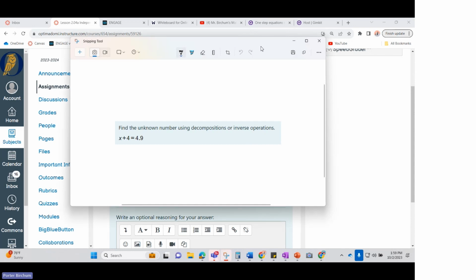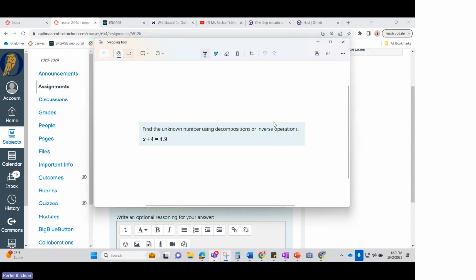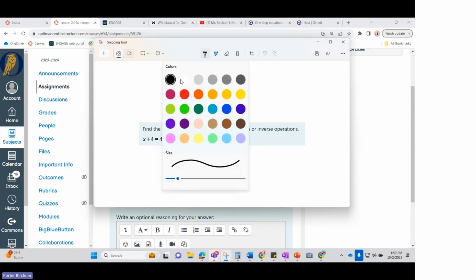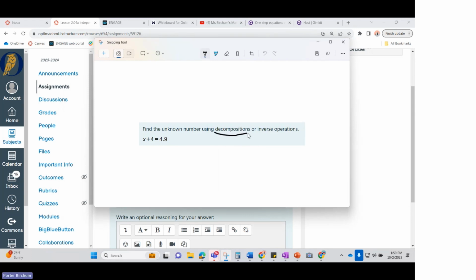Now for this question, I don't know if I need to use inverse operations. So I'm going to try and use decompositions. I'm going to decompose the number. So I have x plus 4, so mystery number plus 4 equals 4 plus 0.9.